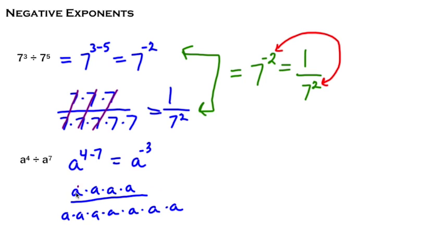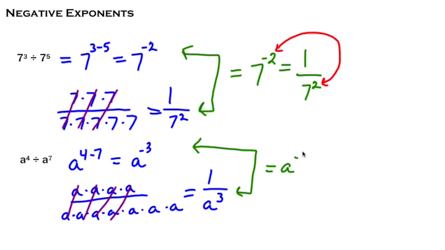And when we cancel out values, we see again that I need that placeholder of 1 in the numerator, and then I have a times a times a, which is a to the third. So once again we see over here that a to the negative third equals 1 over a to the third.